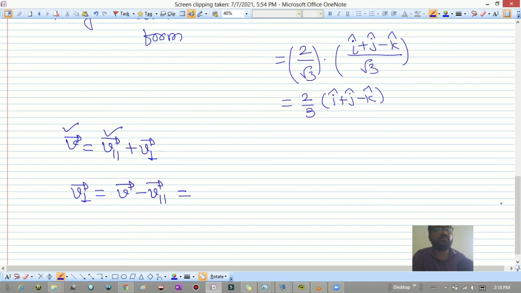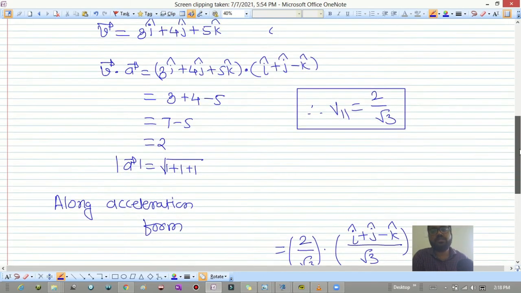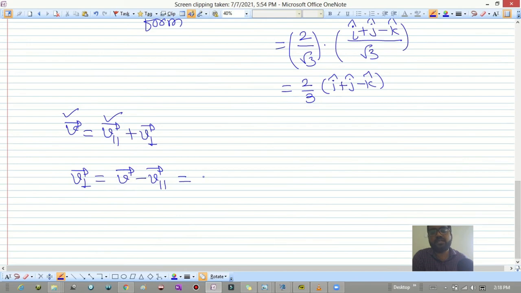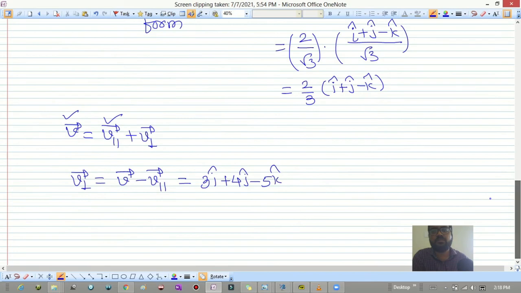So which is equal to, what is the velocity vector over here? 3i hat plus 4j hat plus 5k hat, minus the parallel component, that is 2 by 3 i hat plus 2 by 3 j hat minus 2 by 3 k hat.